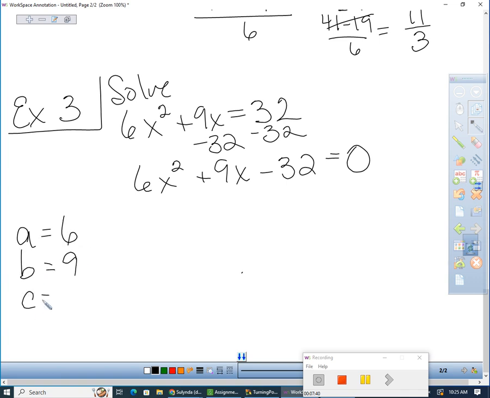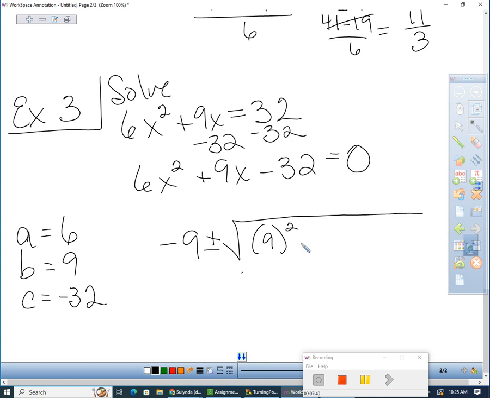And my C value? Good. Let's go ahead and plug it into our quadratic formula. We have negative B plus and minus the square root of B squared minus 4 times A times C, all over 2A.